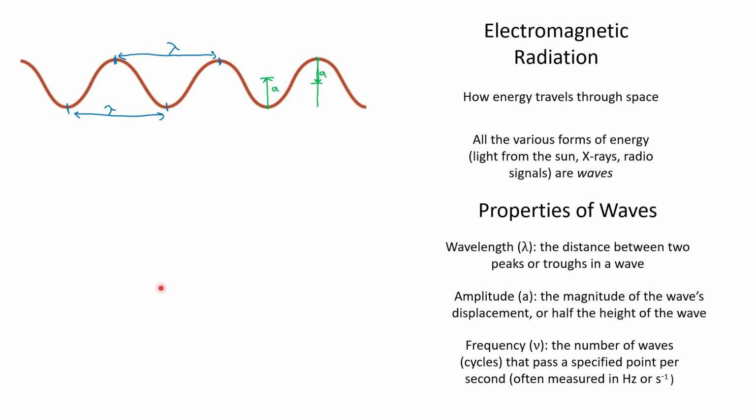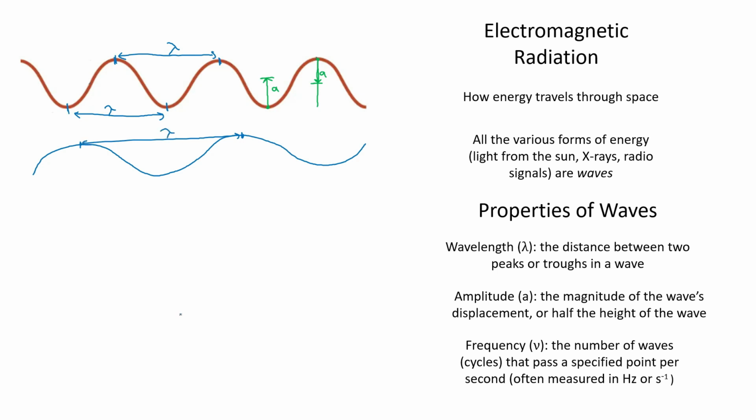That is the frequency. So let's see what it looks like to draw different waves as we change up wavelength, amplitude, and frequency. So going back to our standard wave, let's change the wavelength. So let's make it a very long wavelength. So now my wavelength is, again, if I measure from peak to peak, is this distance right here.